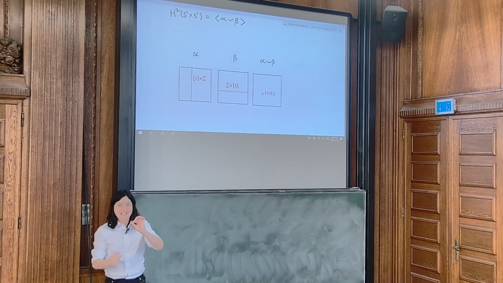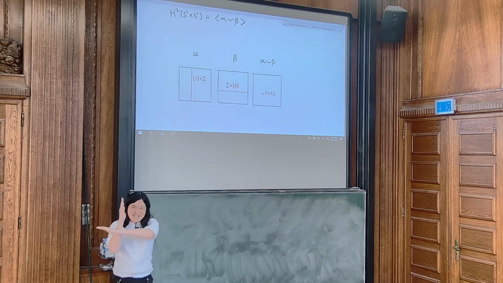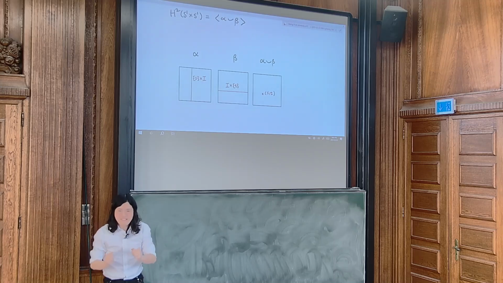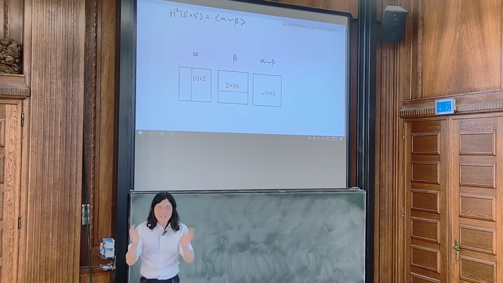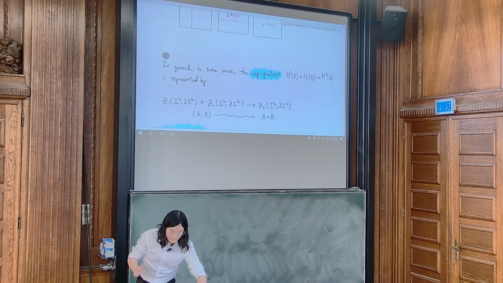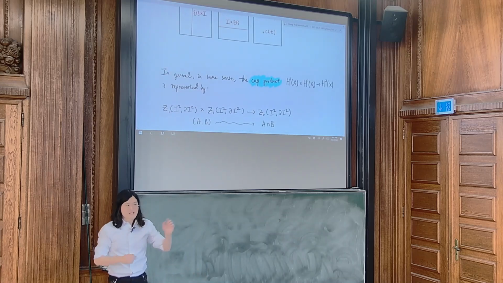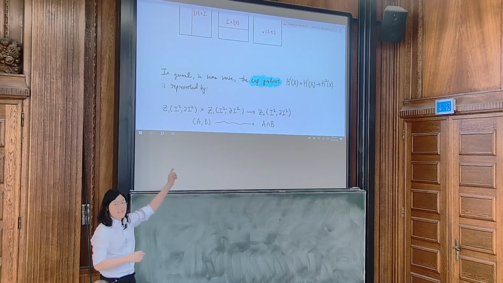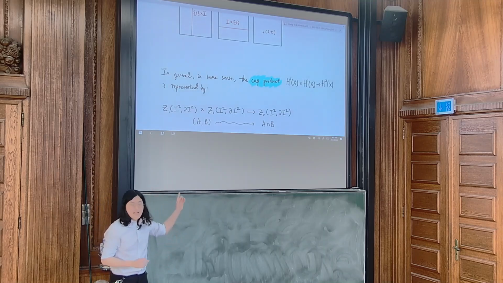And these points are actually precisely the intersections of these horizontal and vertical lines. So what this suggests, and there is some way of making some part of this precise, is that in general, we can represent the cup product H1 times H1 goes to H2 using this map of cycles.